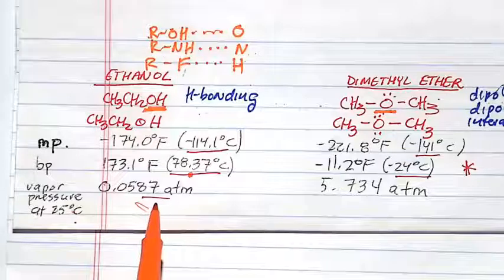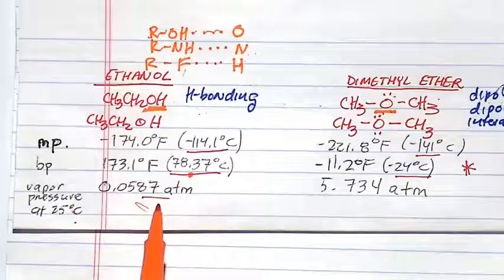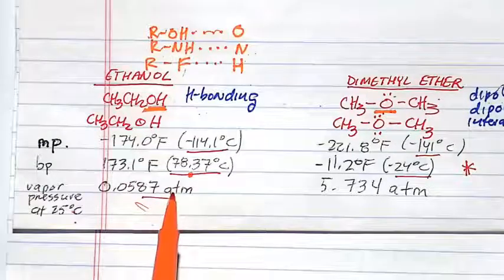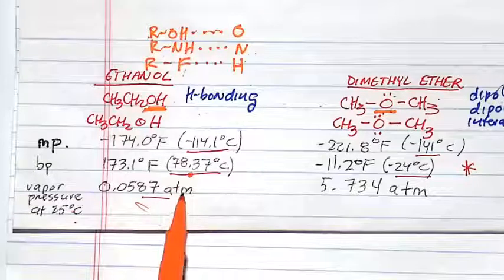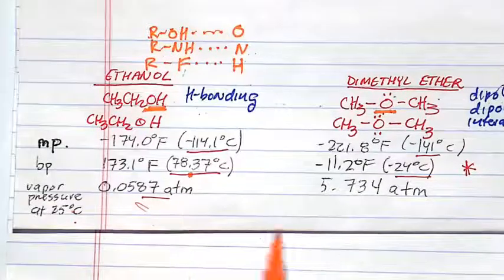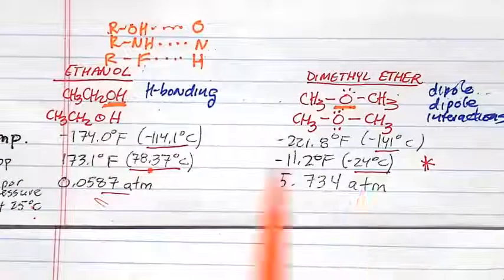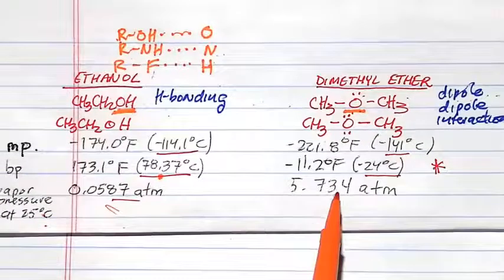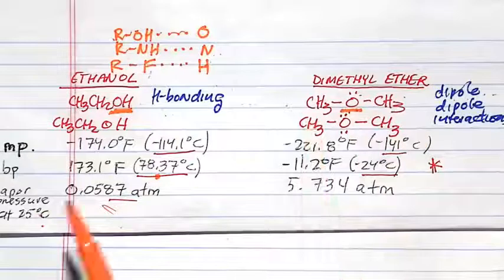The pressure that's exerted by ethanol is very low because ethanol tends not to form a vapor. The hydrogen bonds keep it as a liquid, as that state of matter, whereas dimethyl ether can easily go into the vapor phase because it can easily overcome those dipole-dipole interactions.